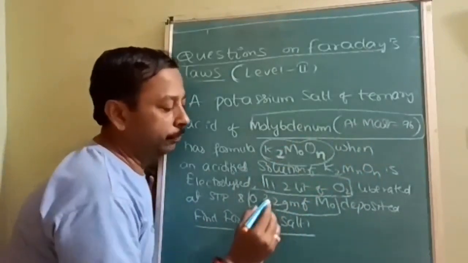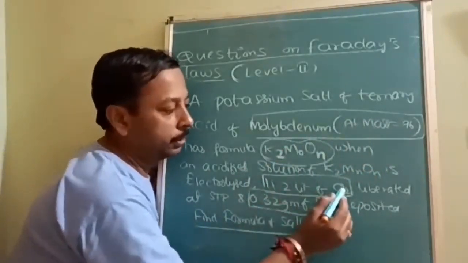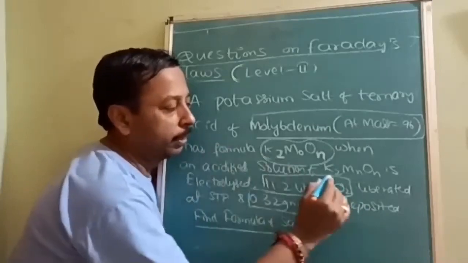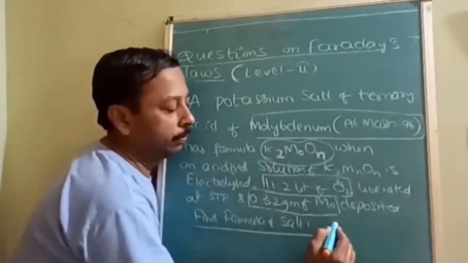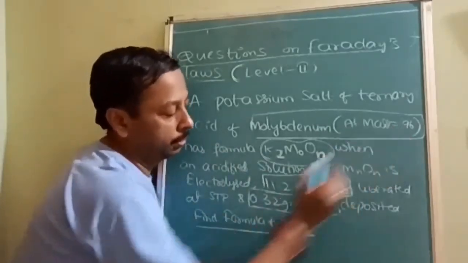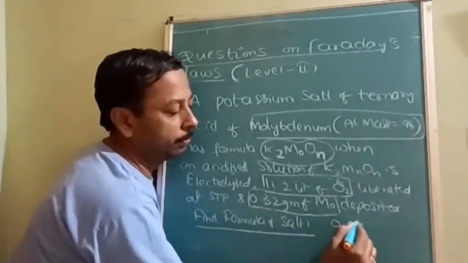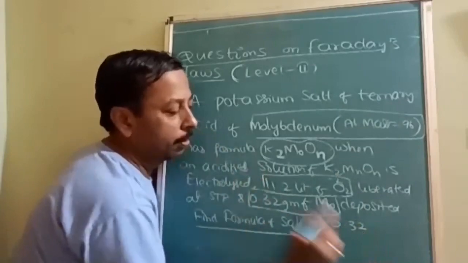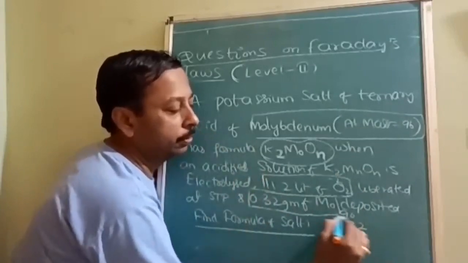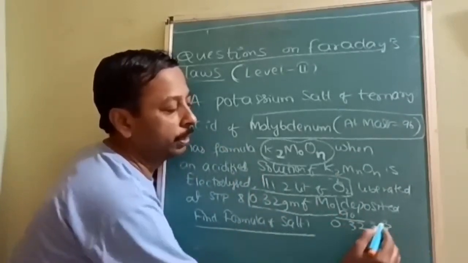And the oxidation number of oxygen is -2. So 0.32 by 96 will give you 0.3 moles.